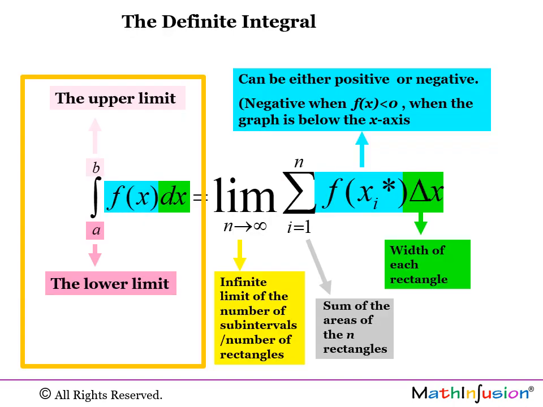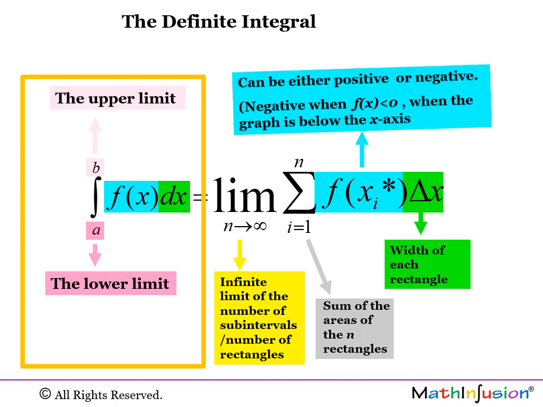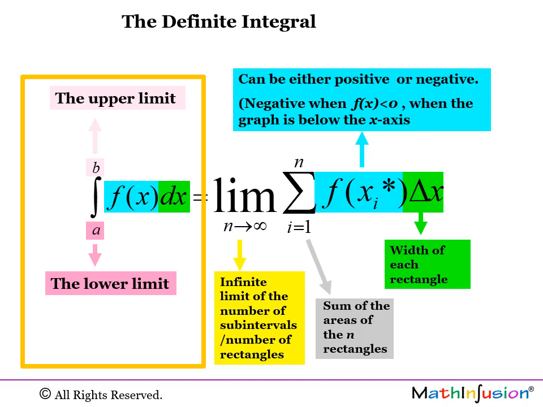Now we can understand better the definition for the definite integral. Just pay attention that before we were talking about areas and functions that were always above the x-axis or on the x-axis, never below the x-axis. But this definition is also going to work very nicely even if the function is positive, negative, or 0.